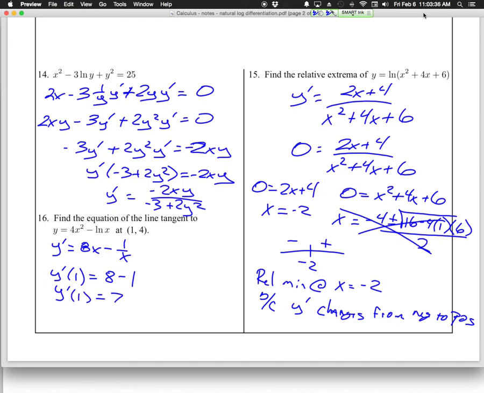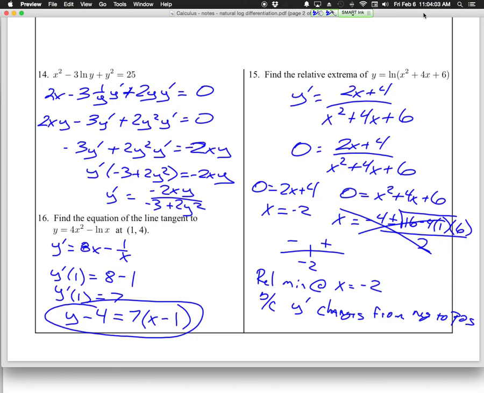So I have 7. So the equation of my line tangent is y minus 4 equals 7 times x minus 1. Thank you.